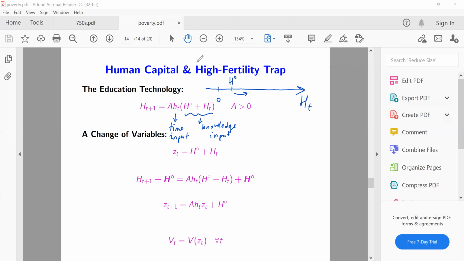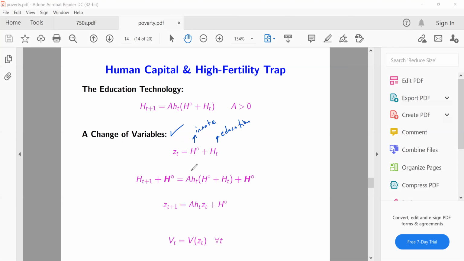All right. Now, we're going to execute a change of variables to simplify the notation. We define this new variable ZT as the total human capital. Remember, the total human capital has an innate component and an education component.